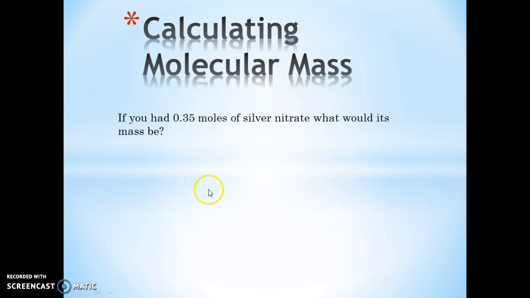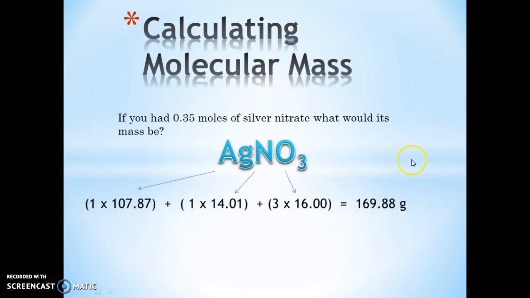What if we only had a partial amount of a mole? Well, here's 0.35 moles of silver nitrate. What would its mass be? Again, we start by figuring out the mass of the entire thing. So I'd make 1 times 107.87, that's the mass of silver. 1 times 14.01, and 3 times 16.